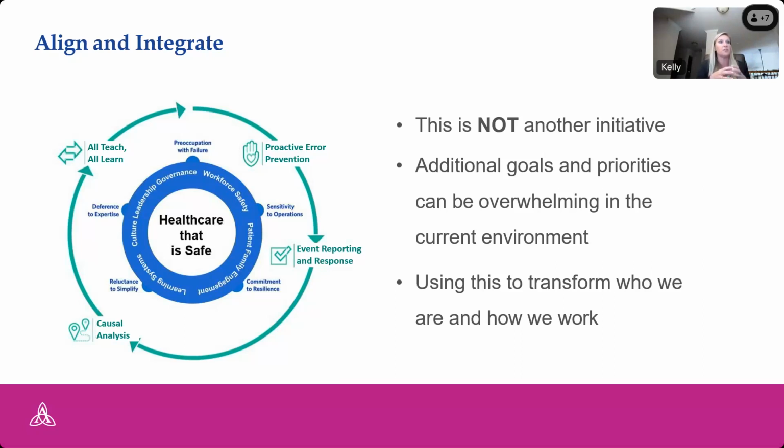So as we think of things that we're working on in each of these 4 elements of our program, how are they reflective of not only our high reliability principles, but which aspect of the National Action Plan foundational areas do they address? That way, we can ensure that we have one strategy for our patient safety program, and we're really using the work that we're doing to transform who we are and how we work so that it is sustainable over time.